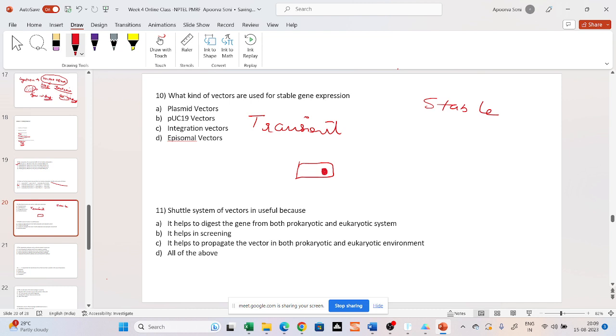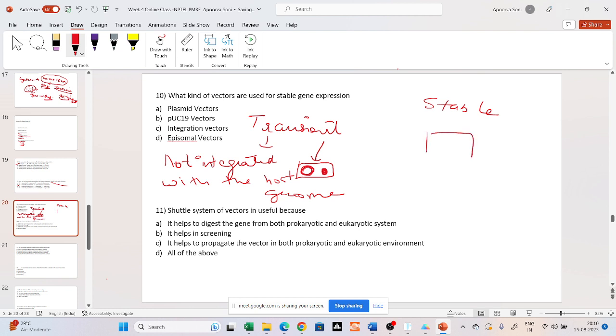In transient expression, the external DNA exists as an episome. That means it is not integrated with the host genome. Whereas in stable gene expression, whatever DNA you are getting in will integrate with the host genome.